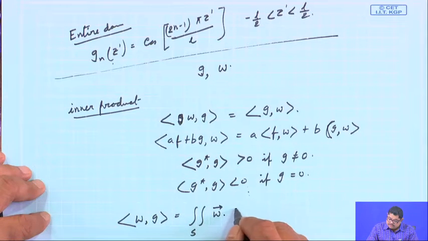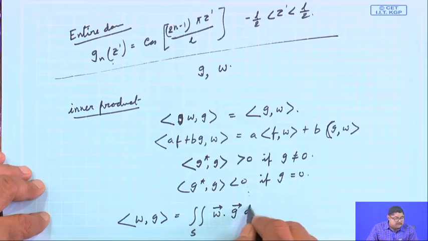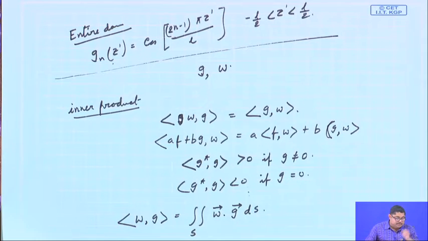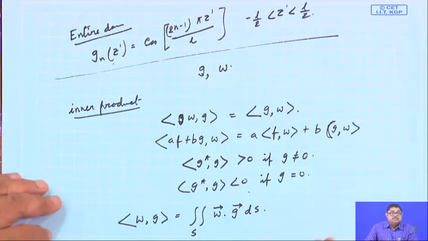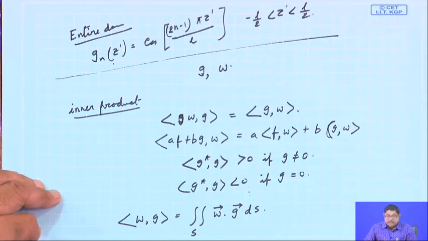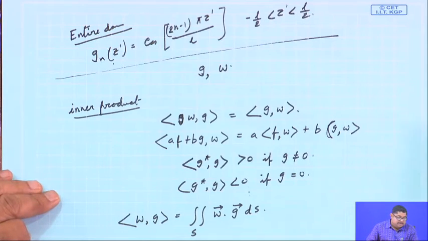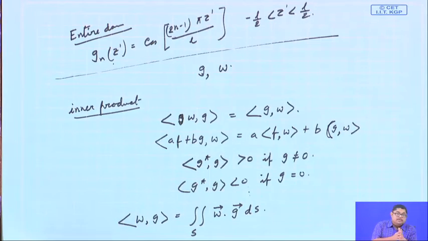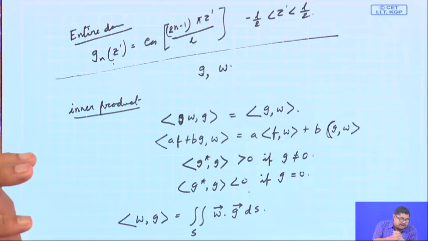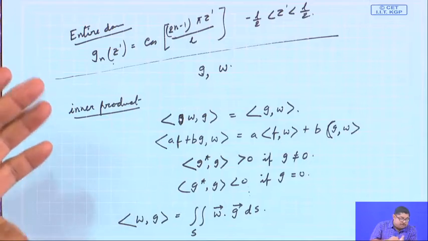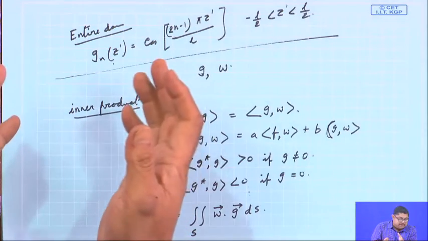So, I can say integral of w dot g ds. Okay, so this is an inner product. By this choice, the solution satisfies the electromagnetic boundary condition.